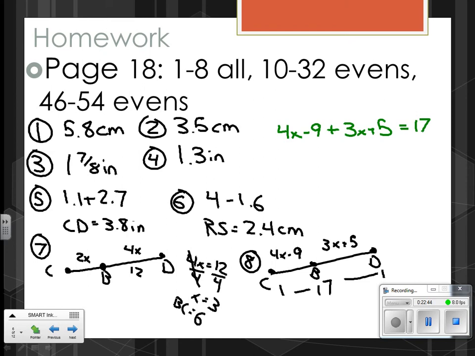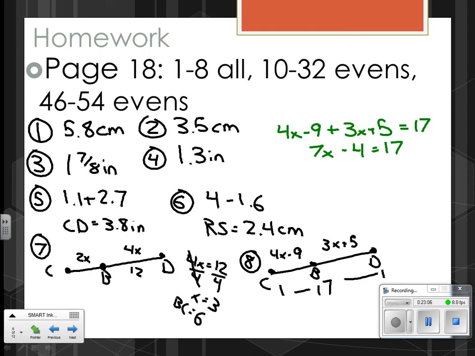Here's an example of why we practiced our algebra before we got to this first chapter, because this stuff's going to pop up. So we're going to remember, when there are variables together on the same side, how do I get them together? In this case, add them. 4x plus 3x would give me, how about the negative 9 plus 5? So that was my first step.